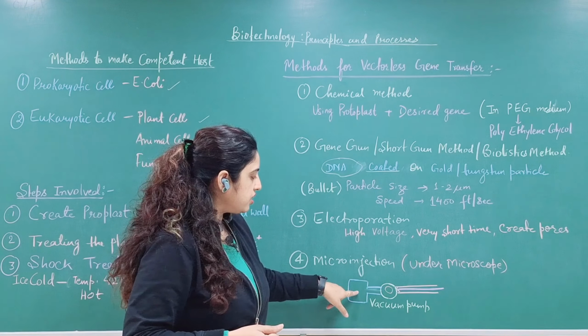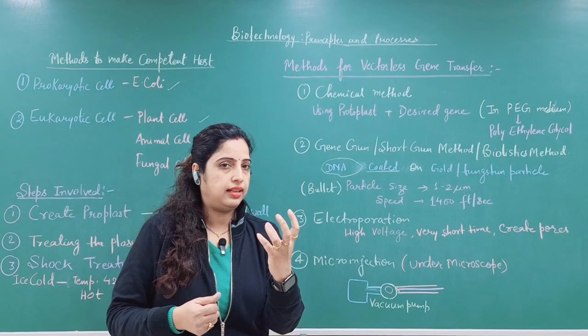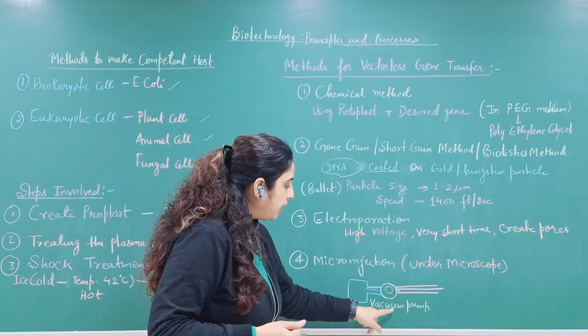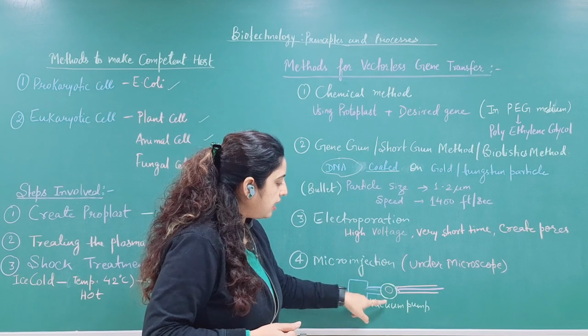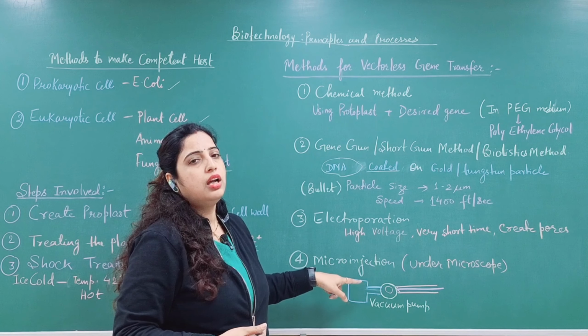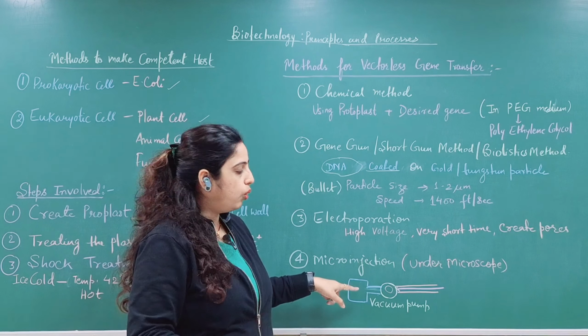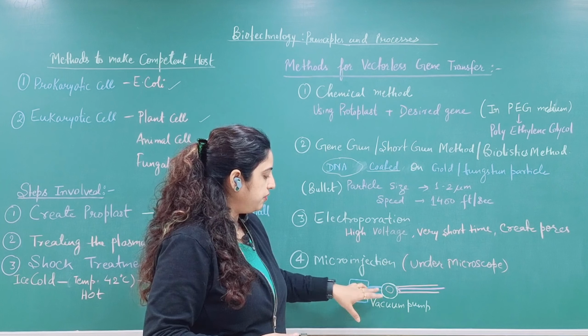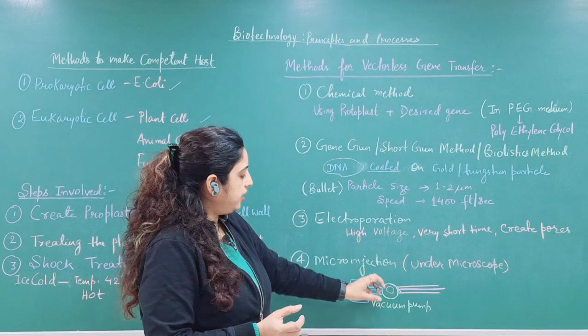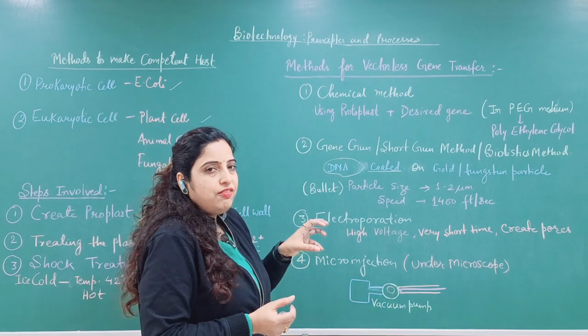So you just need to hold the cell using a vacuum pump. This is the tube and this is the cell. Preferably it's an ovum, a human ovum. So you need to handle it carefully. So this vacuum will create a pressure so that the cell will be aligned.